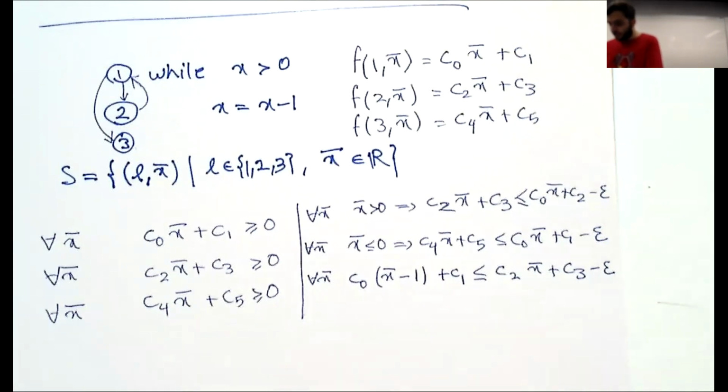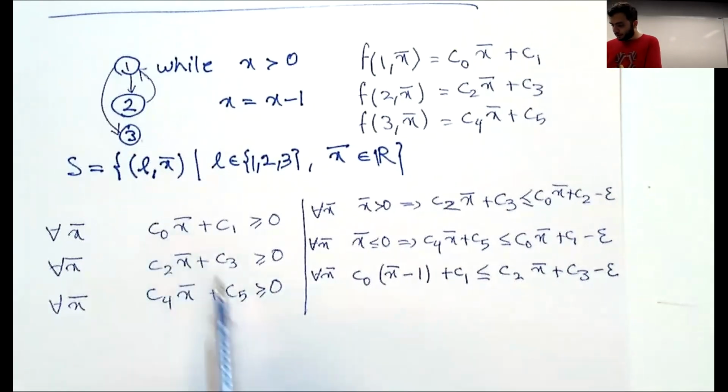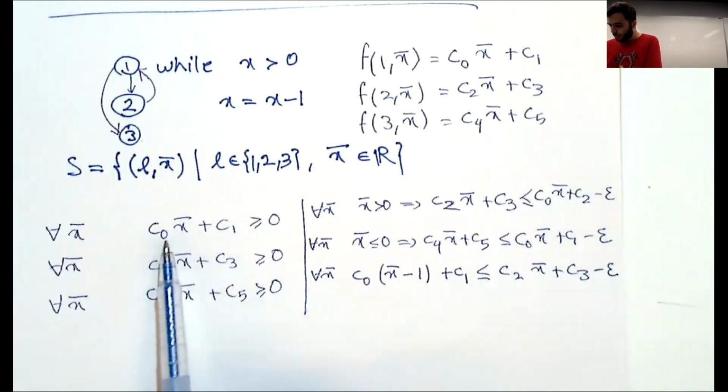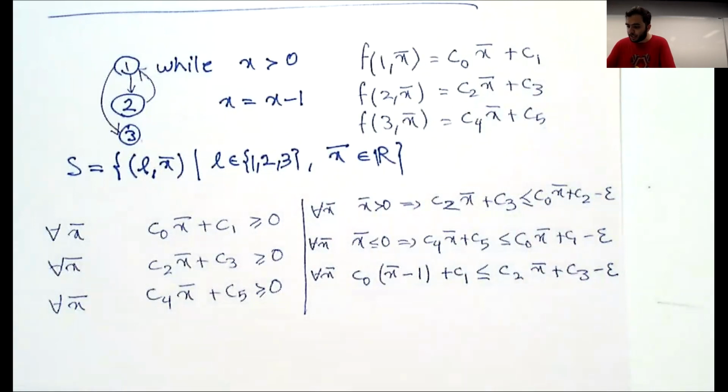Can I find values for C0 to C5 and also for epsilon? And of course, epsilon should be greater than 0, such that all of these constraints hold, such that f becomes a ranking function and proves that my program terminates.